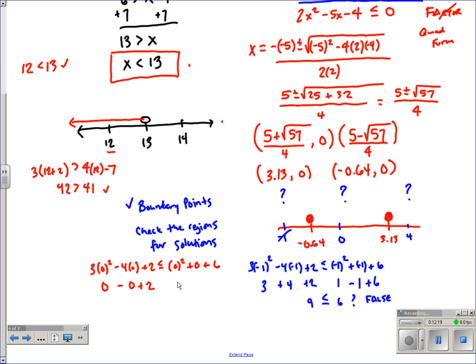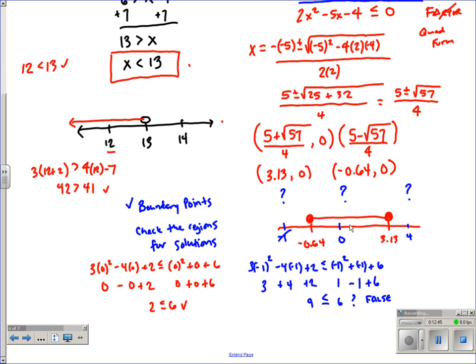Over here, we're going to end up with 0 plus 0 plus 6. And then 2 is less than or equal to 6. That is a true statement there. So since 0 works, that means it's part of that solution set. So we're going to have that answer right there. We could try our 4 then, but 4 probably will not work because it didn't work on this side.